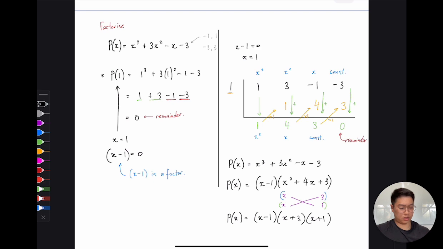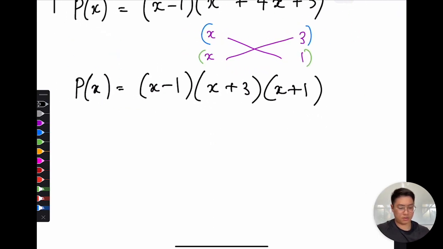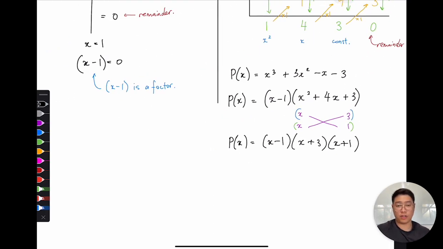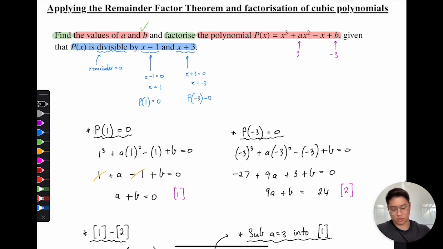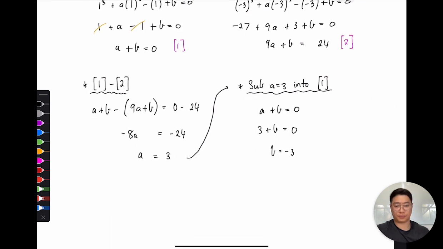Okay, so that's all factorized now, which means when you feel like you've answered the question, go back up to the question and make sure you tick that off. Have we factorized? Yes, we have. We've found the values of a and b, tick, and we've also factorized the polynomial as well. Let's go back here.